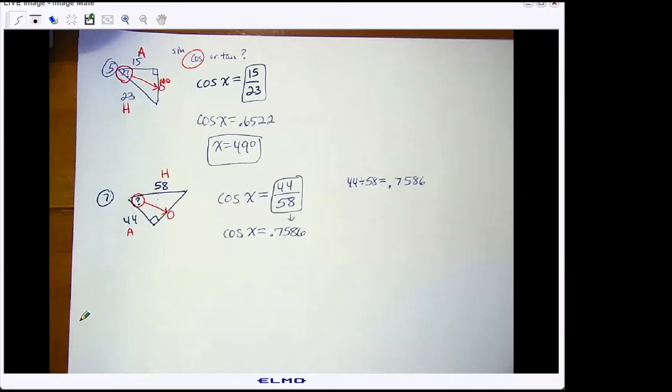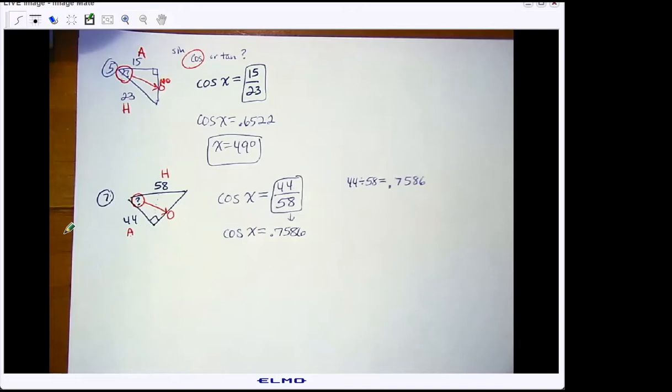So there's a question: how do we put it into decimal? We're going to take that top number and divide it by the bottom number and hit equals. And that's how we get the decimal that we need. Then we're going to put it back into our calculator, or we're just going to leave it there and hit shift cosine, or on a handheld or on your phone calculator, you're going to hit shift or inverse cosine, and then that decimal, and then equals.